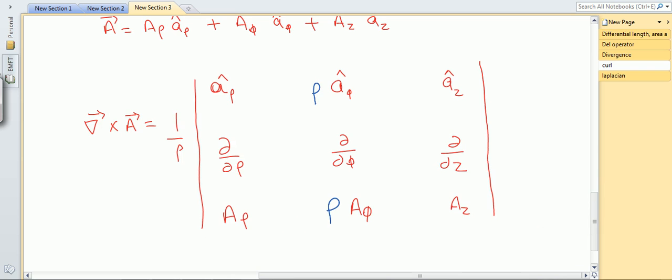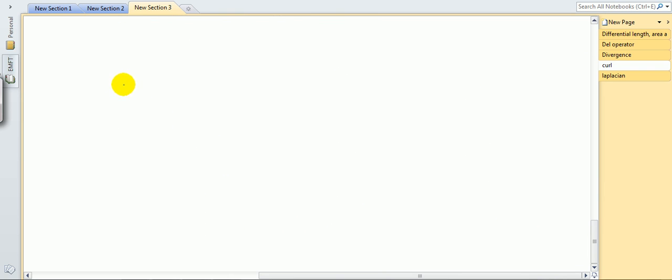Now I will write this in the spherical coordinate system.